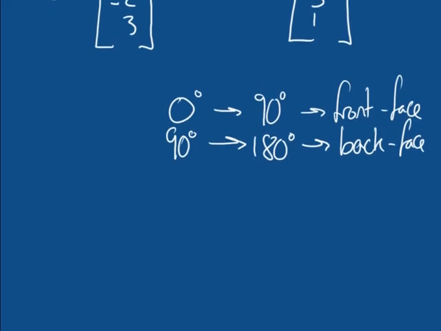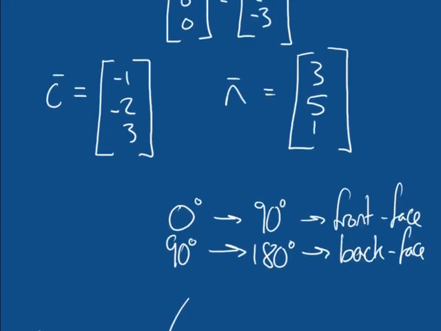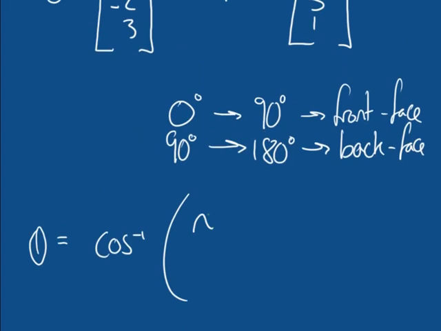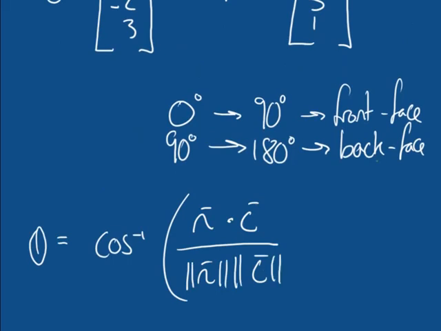So the angle between these two vectors is going to be equal to the inverse cosine of n dot c divided by the length of n times the length of c.